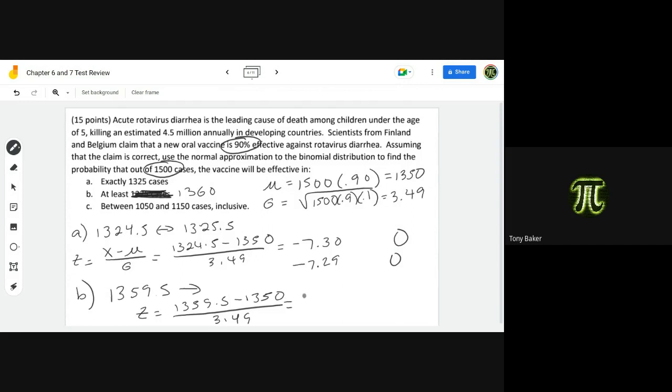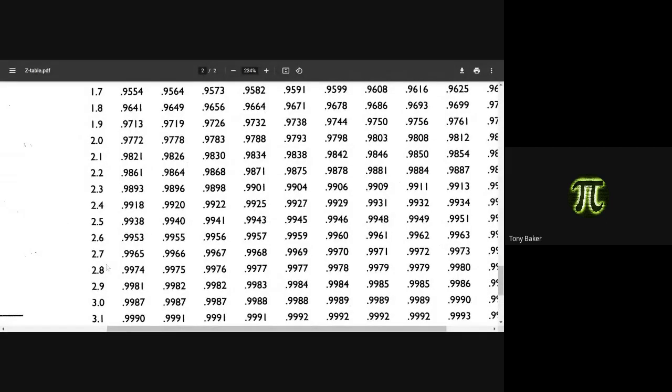And this should give me a Z-score that I can look at. So my Z-score for this one is 2.72. So we go to the Z table, and we're looking for 2.72, which is 0.9967.